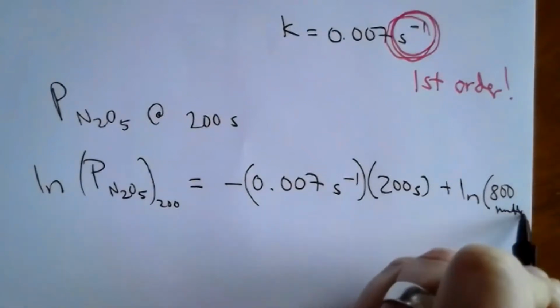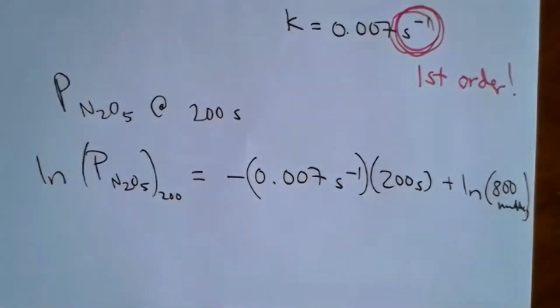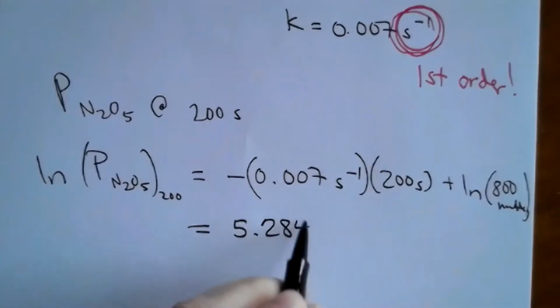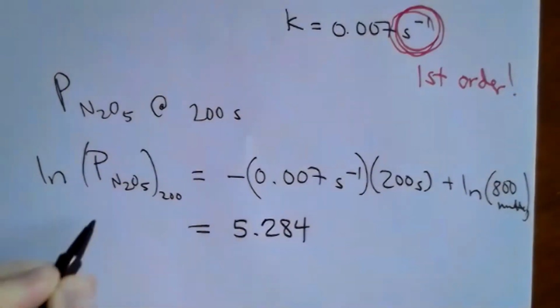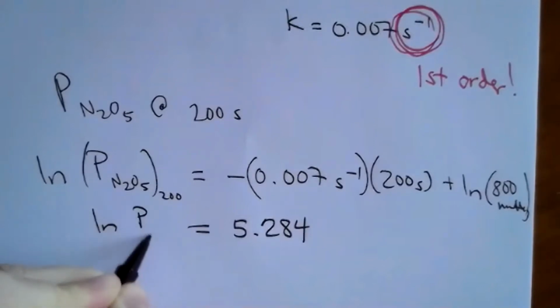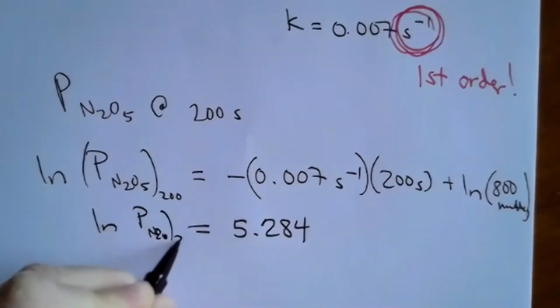Yep, I squeezed it in there. It's totally not legible. If I complete the whole left-hand side of that equation, do the math, I get 5.284. That's equal to the ln of pressure of N2O5 at 200 seconds.